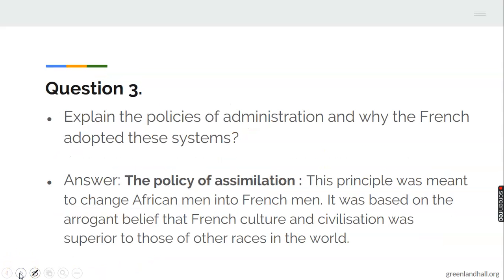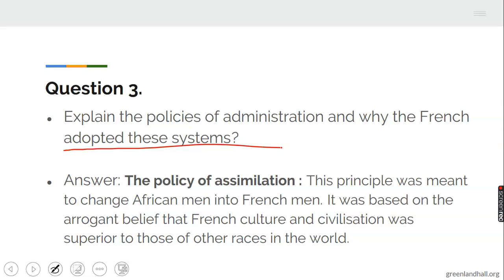Question 3. Explain the policies of administration and why the French adopted these systems. The answer. The policy of assimilation was the first policy. This principle was meant to change African men into Frenchmen.